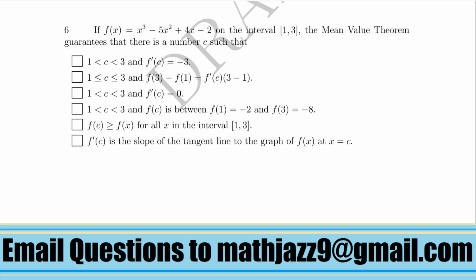The mean value theorem guarantees there's a number c such that there are several statements here. But what we do know is that we're using the mean value theorem. So let's see what the mean value theorem actually does say about this function.